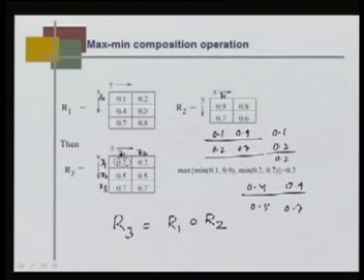So, I find the minimum here, which is 0.4, the minimum here, which is 0.5, and the maximum of these is 0.5. So, you get this 0.5. Similarly, we can compute all the elements in R3 using the max-min composition operation.